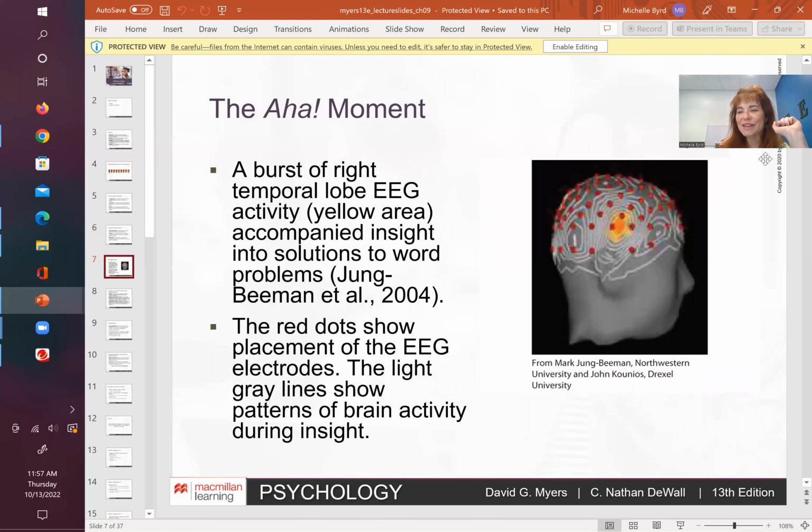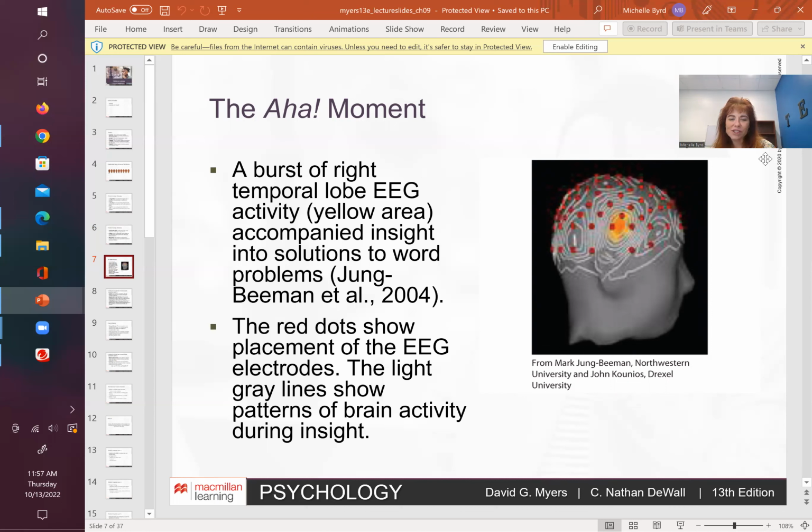So, the aha moment, or sometimes people refer to this as a light bulb moment. It's a burst of an idea, and it's showing here how it resonates in that yellow spot in the temporal lobe, accompanied by insight, aha, or light bulb moment.